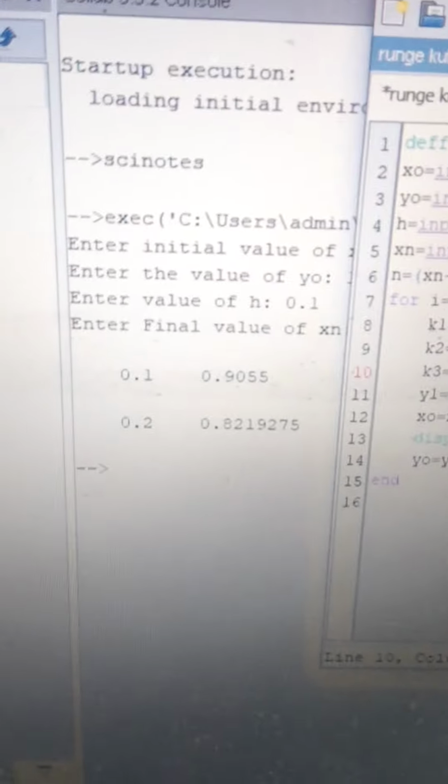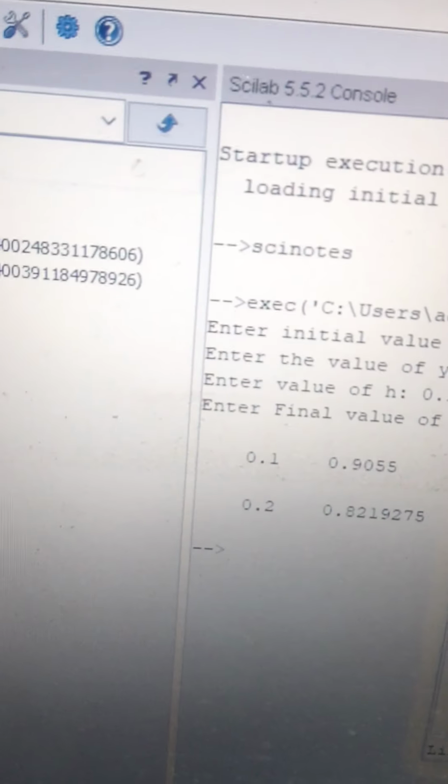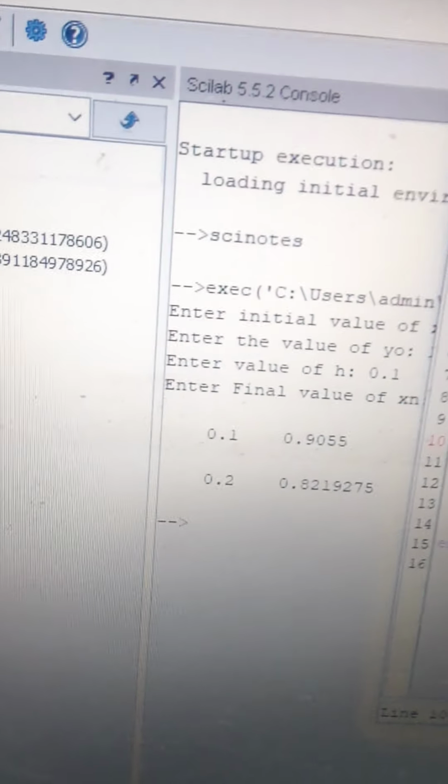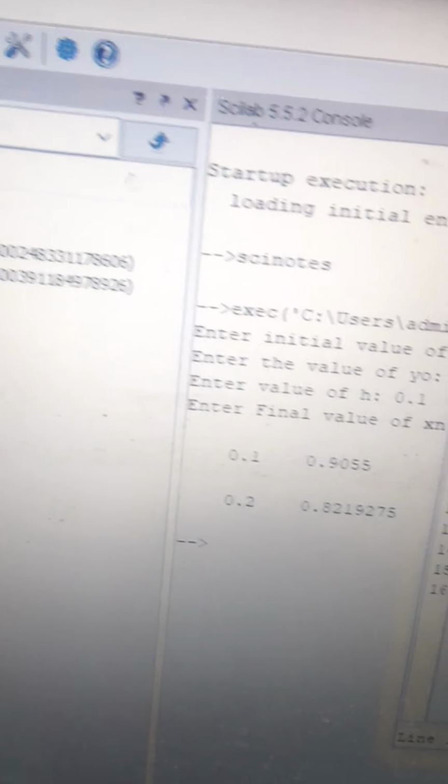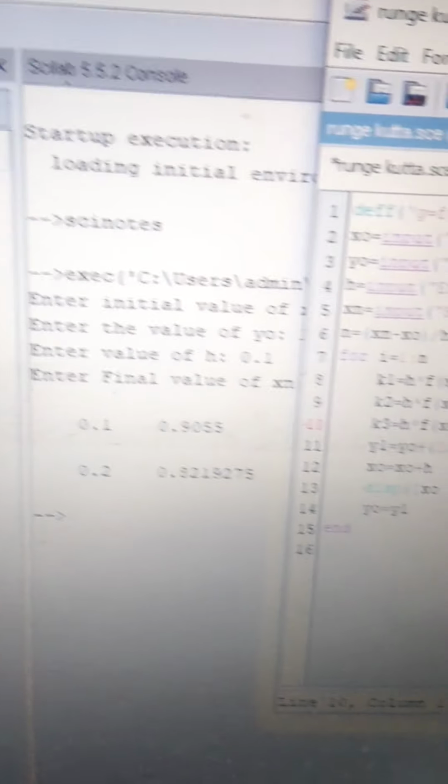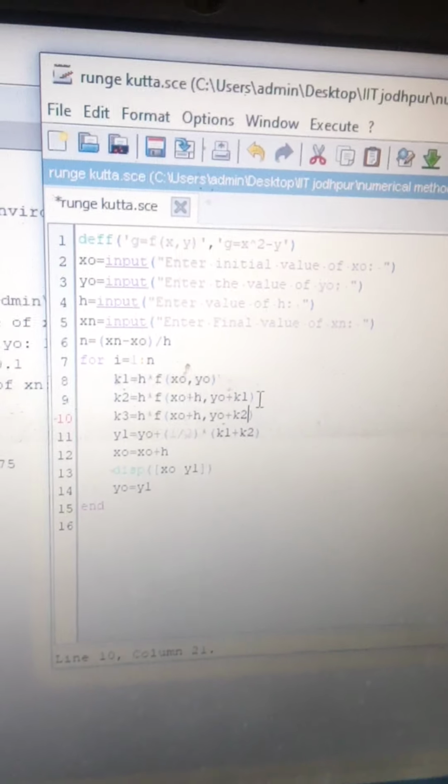So it's k, add one more, k3 is equal to h into f of x naught plus h comma y naught plus k2.